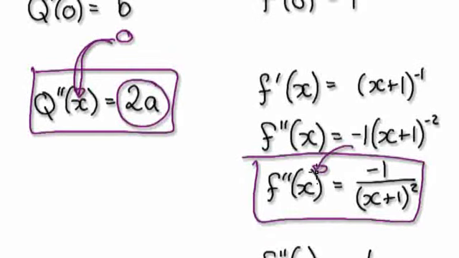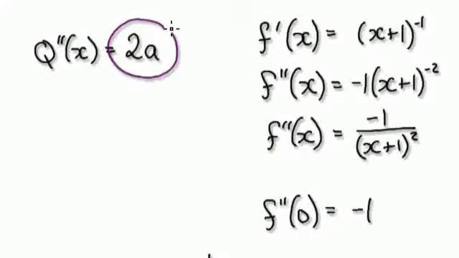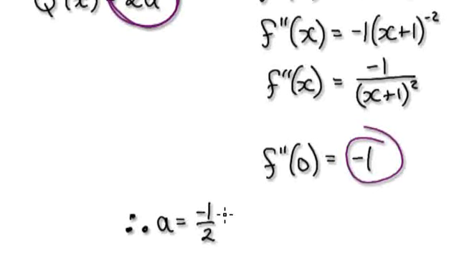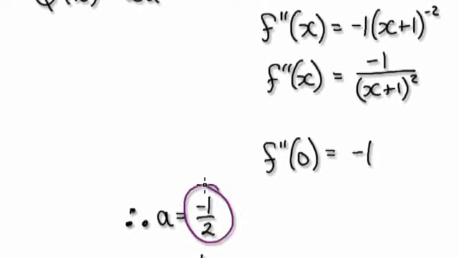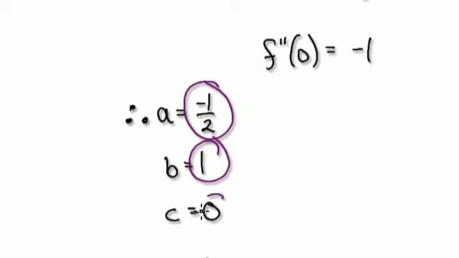Now put 0 into the other side, and this whole thing will be -1. So now you want to find the value of a where this will be the same as this. So a is -1/2. Therefore a equals -1/2, b equals 1 from earlier, c equals 0 from earlier.